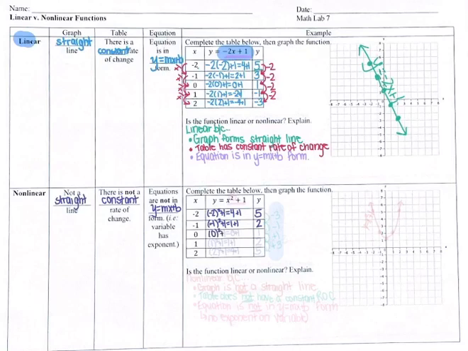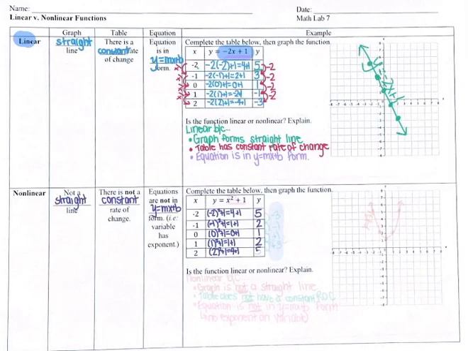Zero squared plus 1, 0 squared is 0, plus 1 is 1. One squared plus 1, that's 1 plus 1, which gives us 2. And 2 squared plus 1, 2 squared is 4, plus 1 is 5.